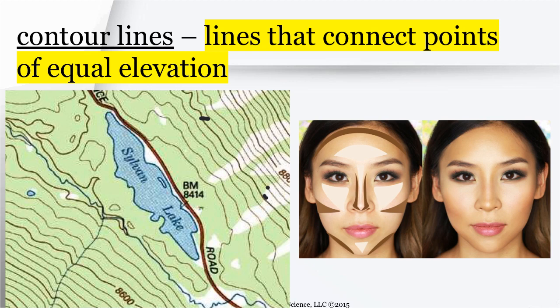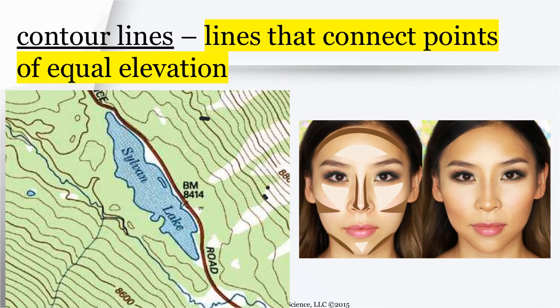I think about these contour lines like we think about contour makeup and how you use it to highlight different parts of your face. Girls will probably know this a little bit more than boys do, but maybe boys know this too. If you want things to show up higher on your face, you highlight them in a lighter color.